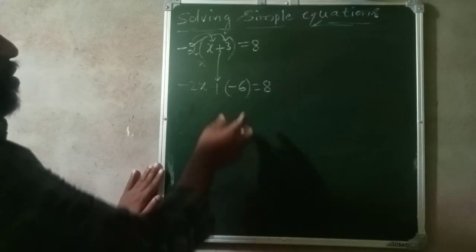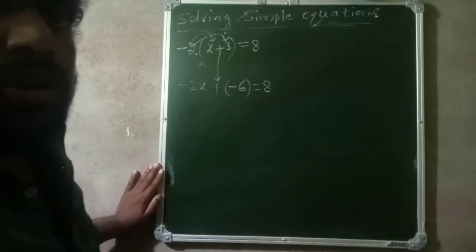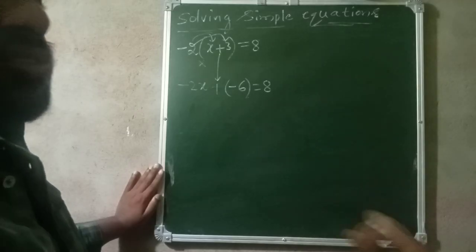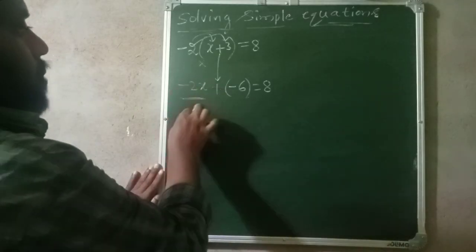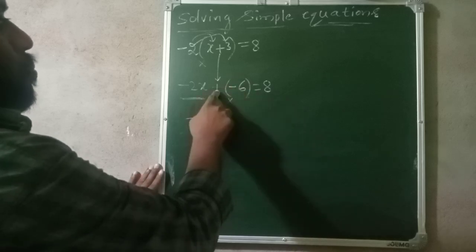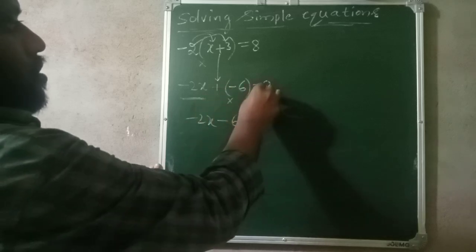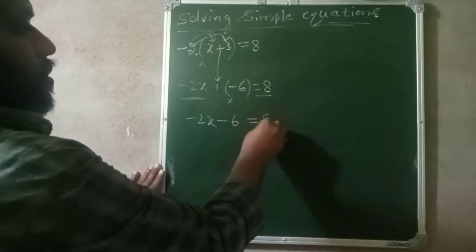Next step, so again here a bracket is there. We will simplify this bracket. Then we will proceed to find the value of x. So write this minus 2x as it is. So bracket is like into, so plus into minus, minus 6 you write as it is. Next is equal to 8.